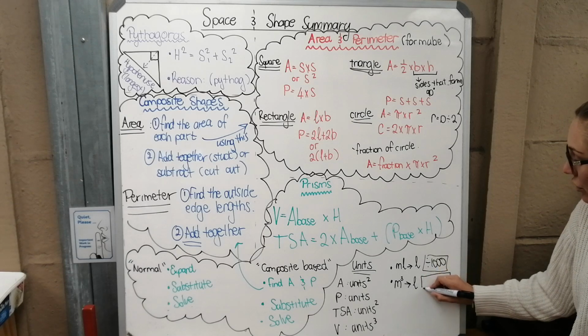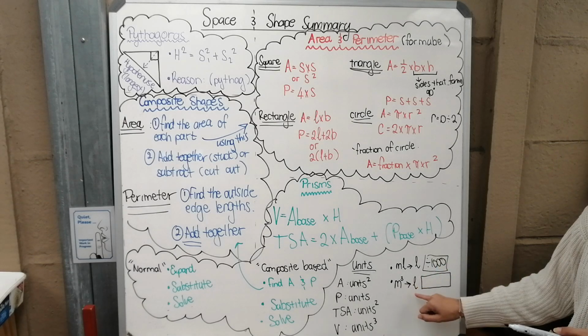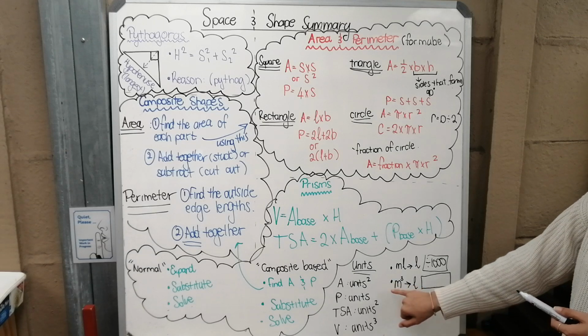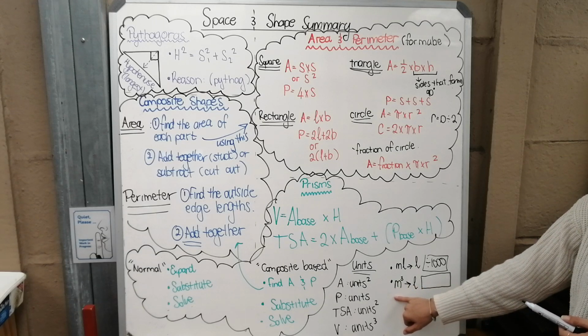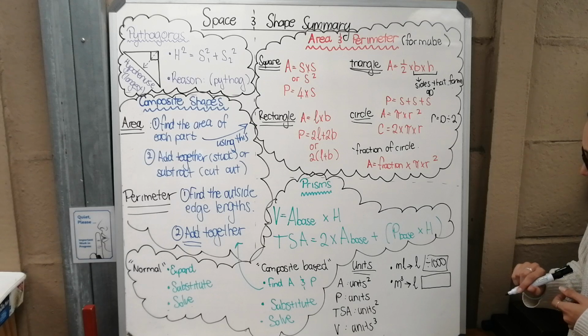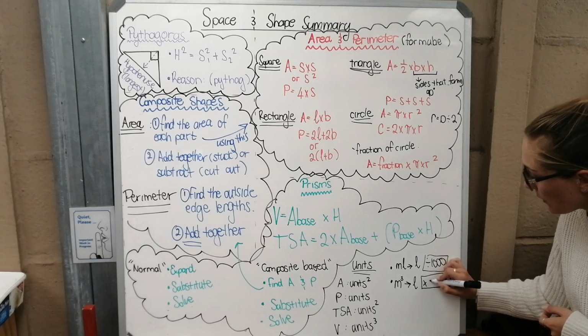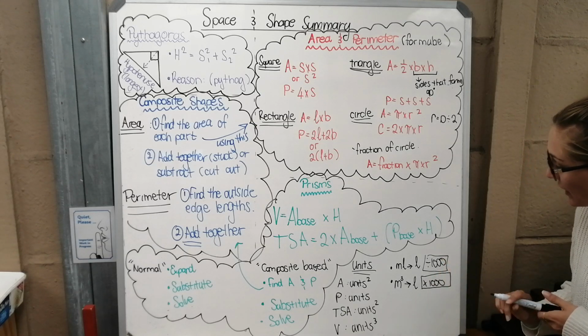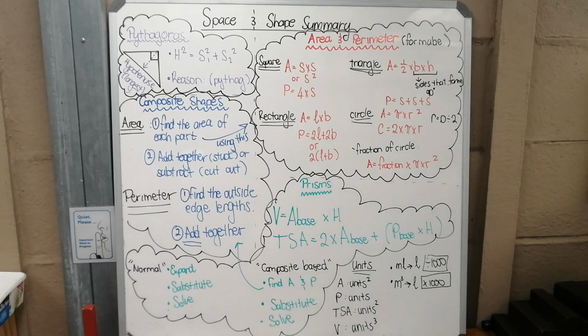We'll show you all the unit conversions then. But for now, meters cubed to liters. A meter cubed is 1,000 decimeters cubed, so you will multiply by 1,000. For now, I think that should be the only unit conversions you might need come test or an exam. If there's anything else, they will probably give you how to convert in the question.